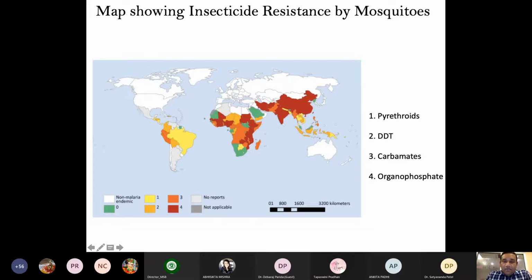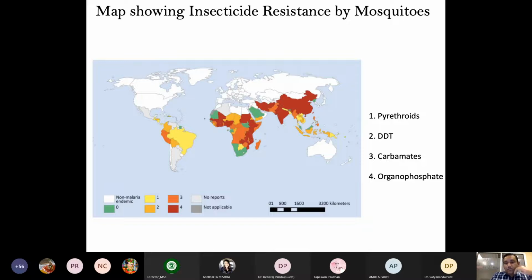What you are seeing in red on the map, in those areas, including India, is that all the mosquitoes are resistant to all four classes of insecticides. So when you use these insecticides, the mosquitoes are not going to die. They are going to spread the disease. So it is another big problem in the control or elimination of malaria.